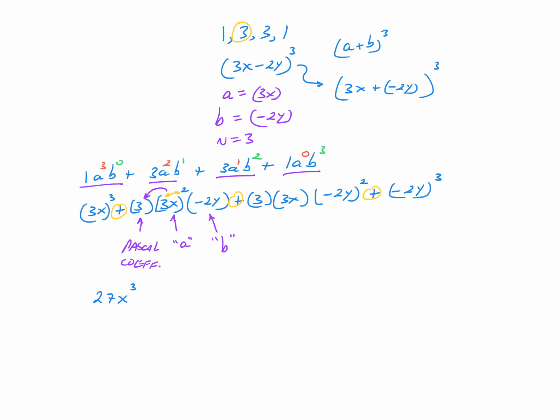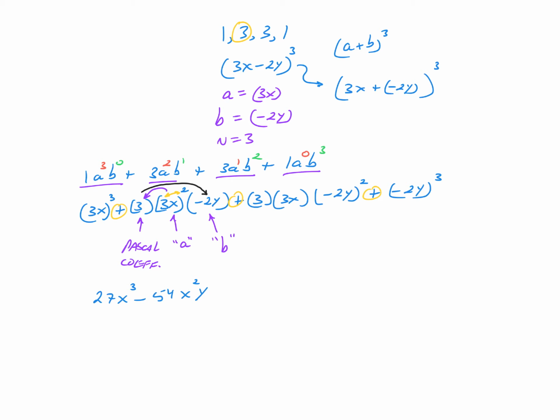That's why that term is going to come out the same. However, I'm still not done. 27, now I'm going to bounce way back here to the negative 2, and that gives me minus 54 x squared y. Let me just double check that. 3 to the second is 9. 9 times 3 is 27. 27 times 2 is 54, and I have a minus.